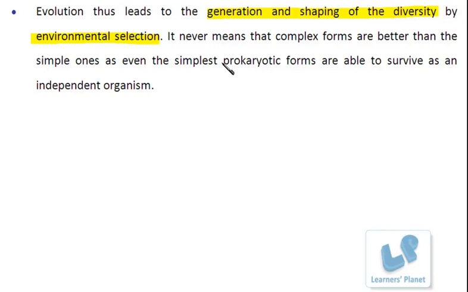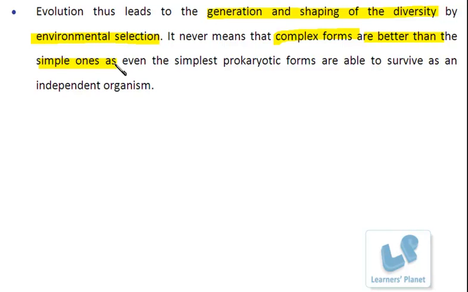Now during such a course, although new organisms or new species are generated, it never means that the complex forms or the new living forms which have been produced are better than the previous organisms or the simple organisms which existed in the old era.